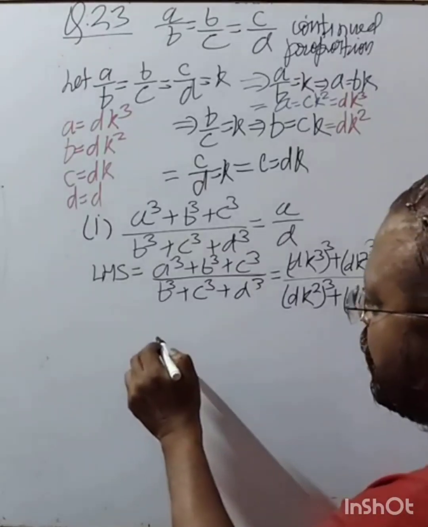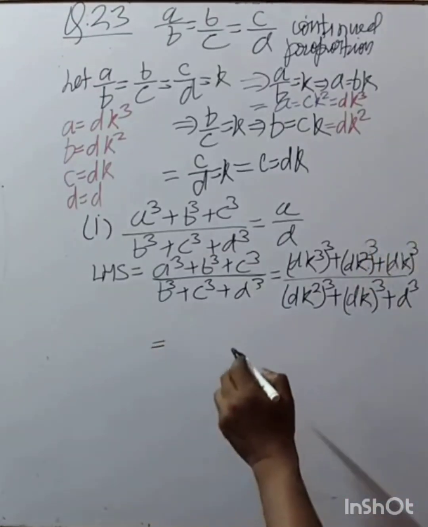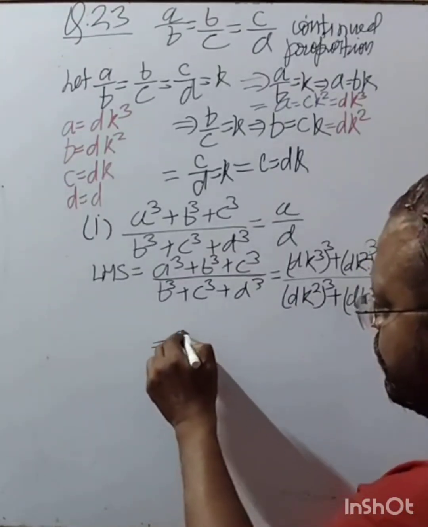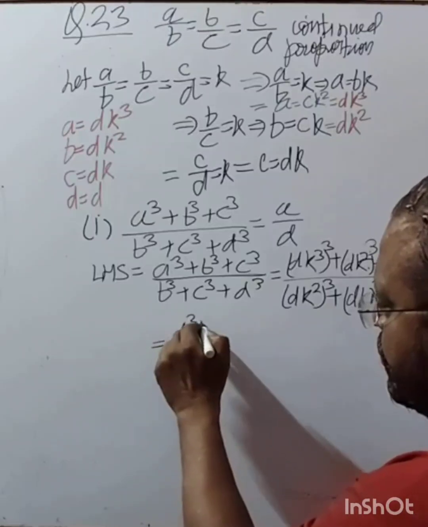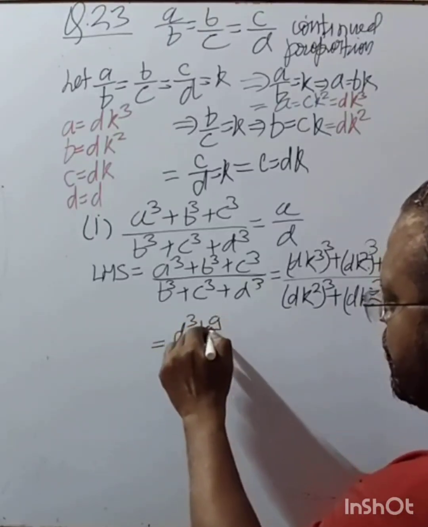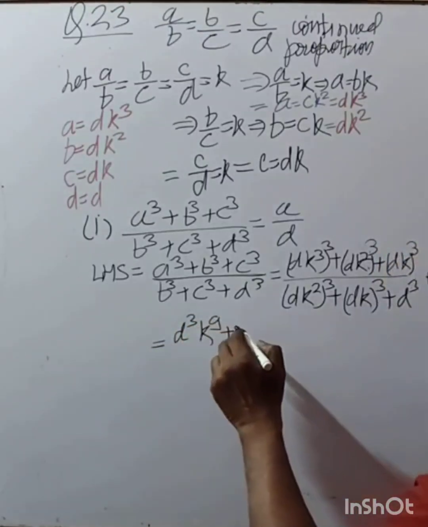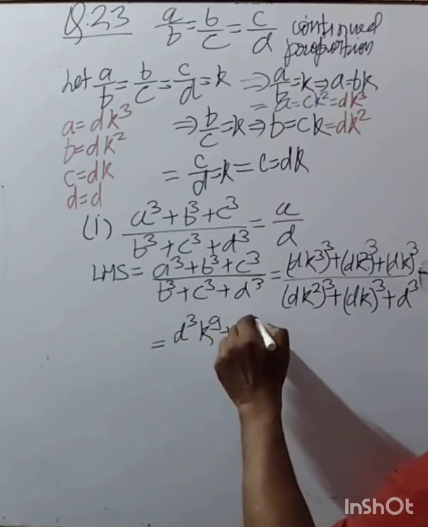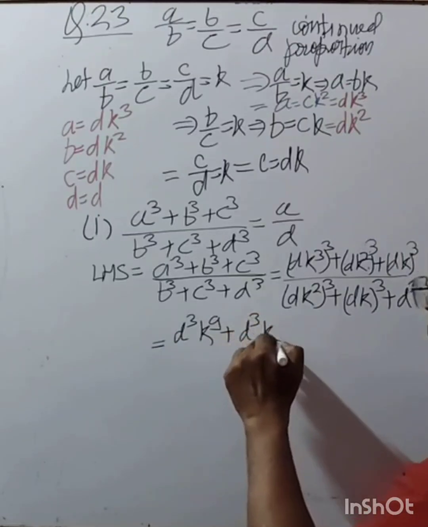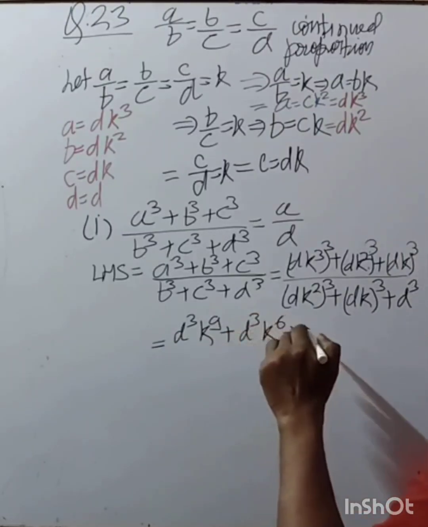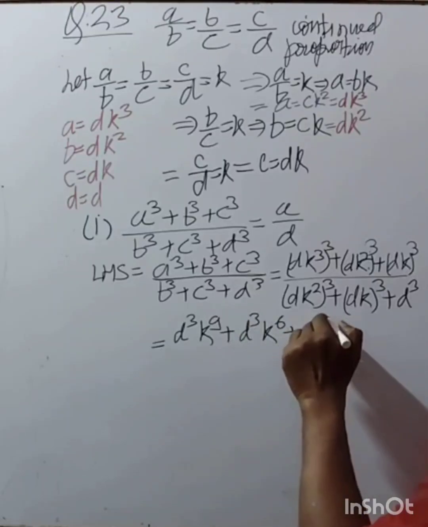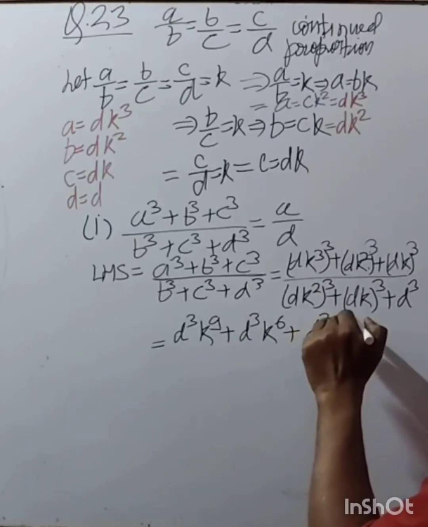So how much will you get now? D cube K raised to the power 9 plus D cube K raised to the power 6 plus D cube into K cube.